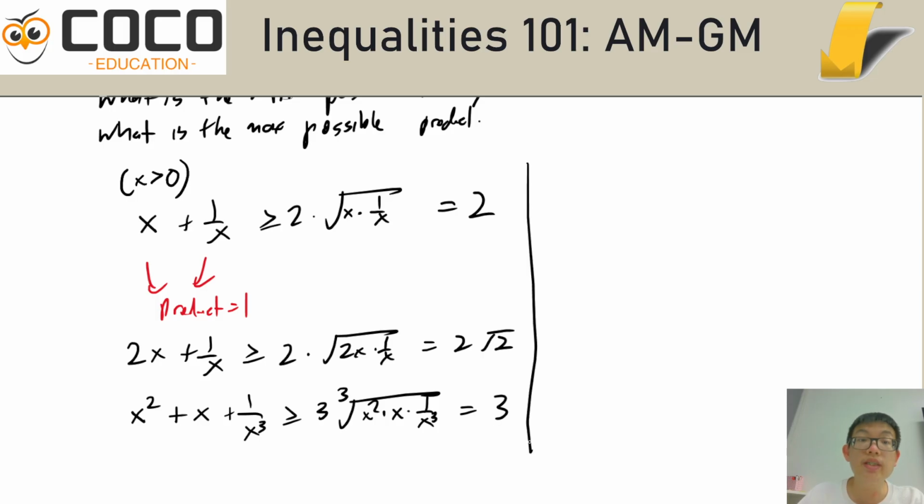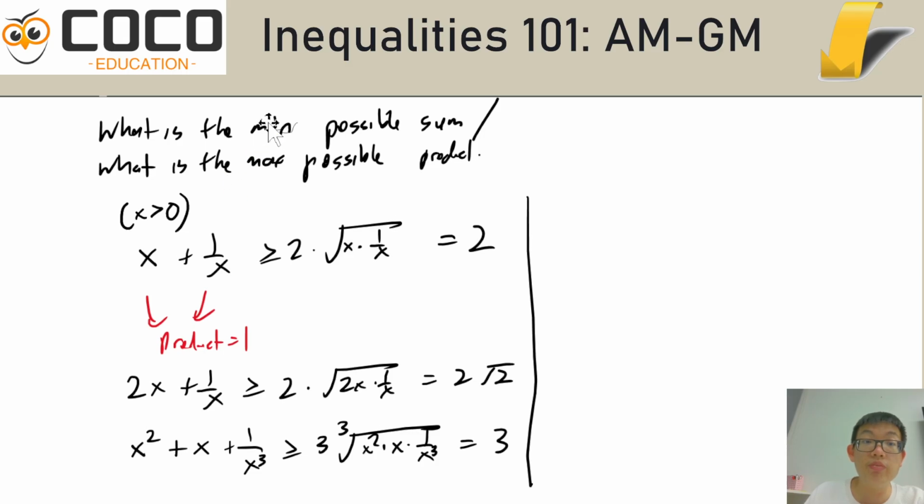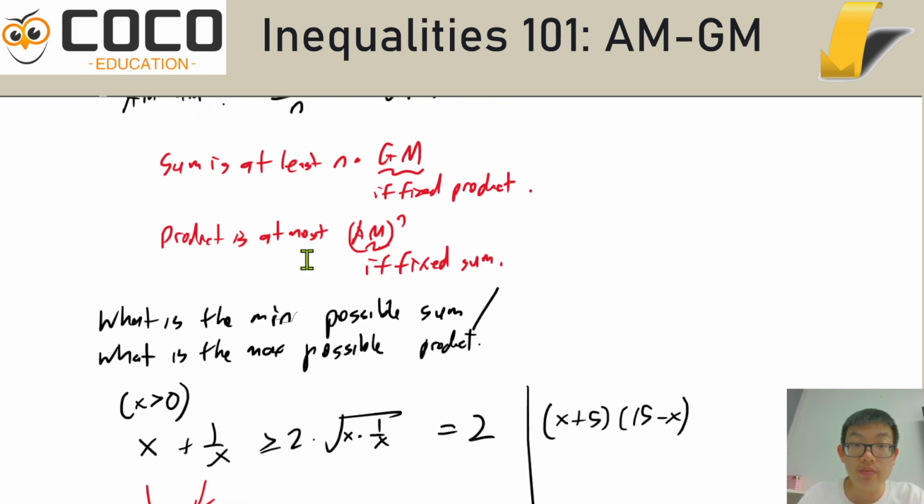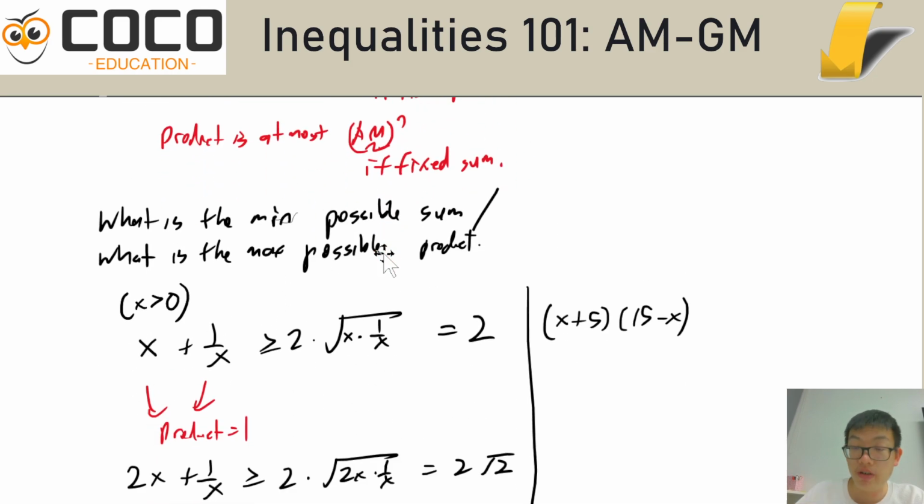On the flip side, it can tell me what is the maximum possible product given the sum. So if, let's say, I have got x plus 5, 15 minus x, as with the example we saw just now, the product is at most the arithmetic mean to the power of n.